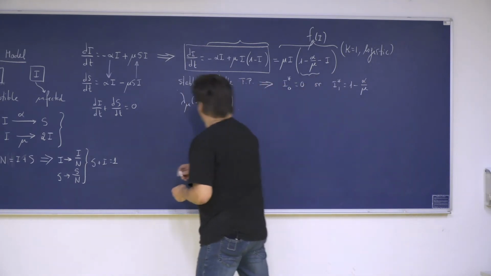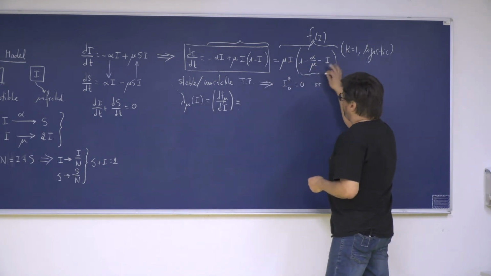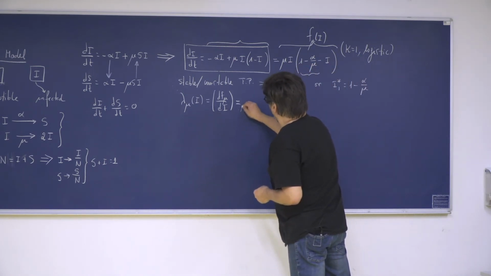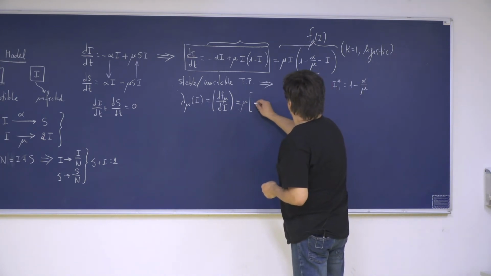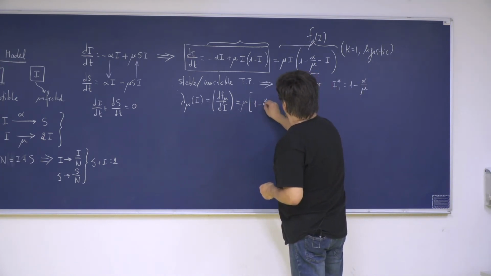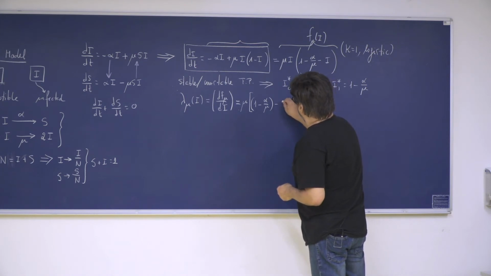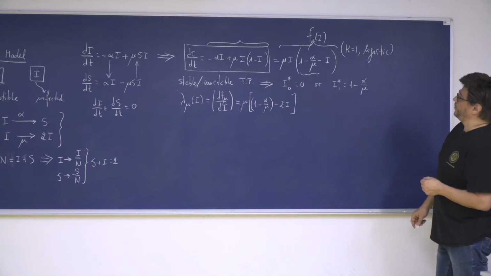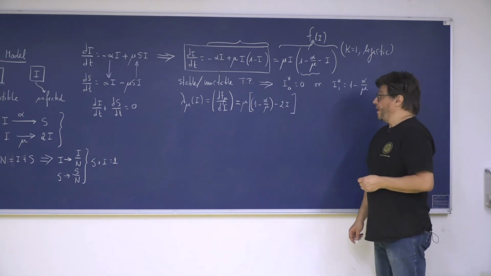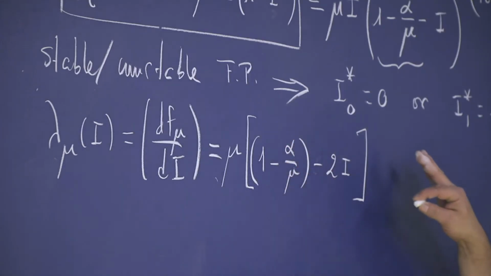Let me pick here this. I do the derivative, mu, I will have 1 minus alpha over mu on the one hand, minus 2i on the other, if I'm not wrong. Okay. And now, remember, what we need to do is, this is the derivative.